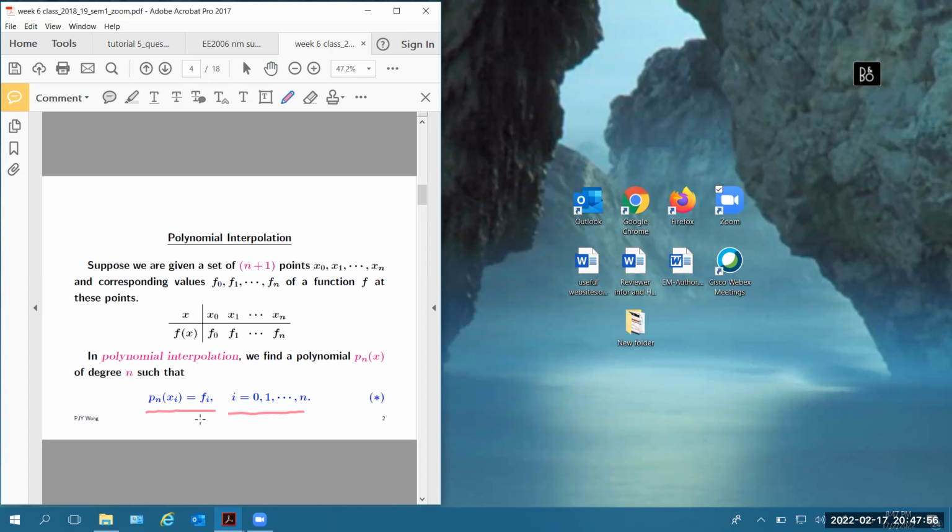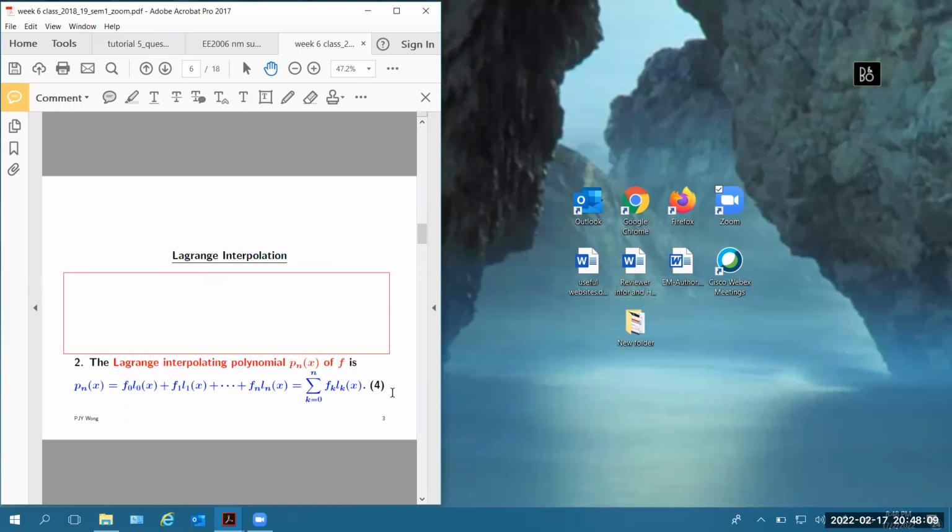Now we want to find this polynomial Pn(x), so how do we find it? There are 2 ways. The first way was discovered by Lagrange. He thought of this method, so that's called Lagrange interpolation.